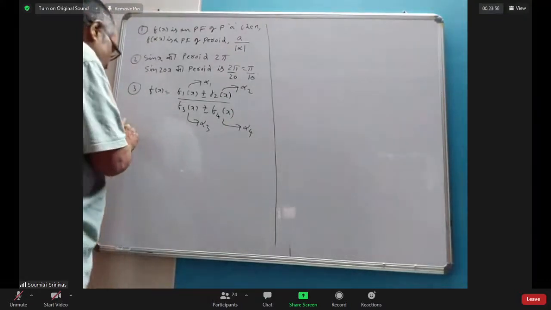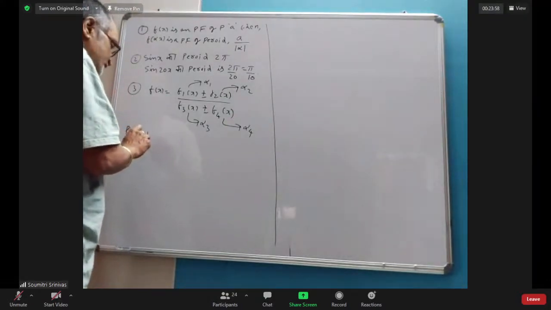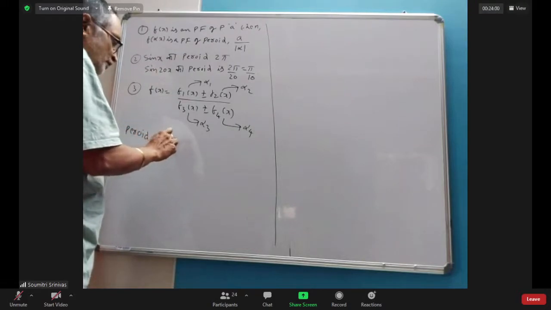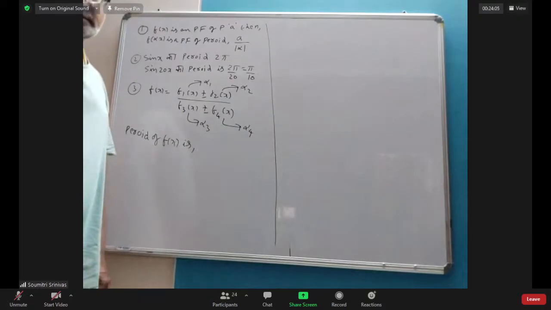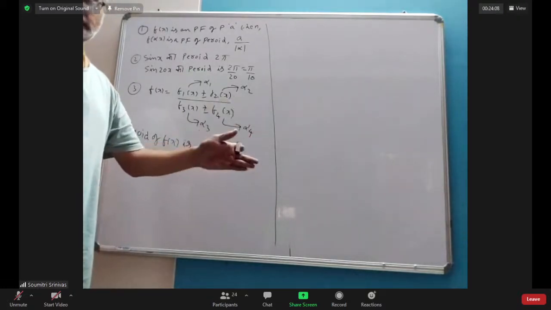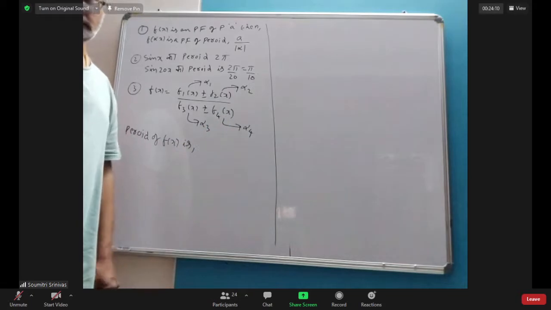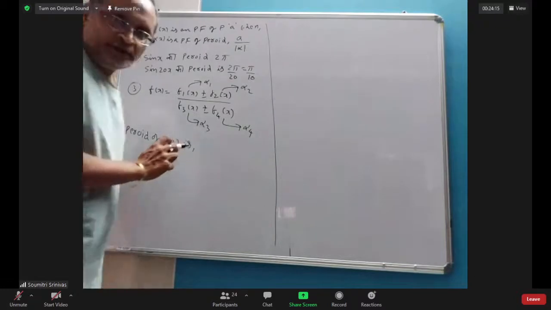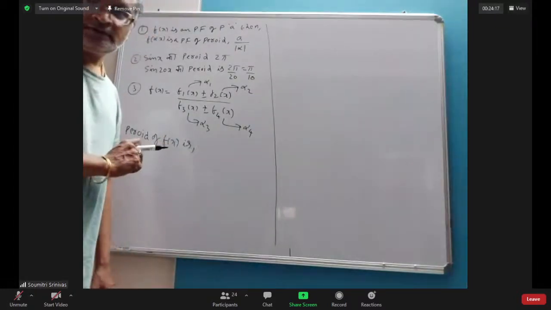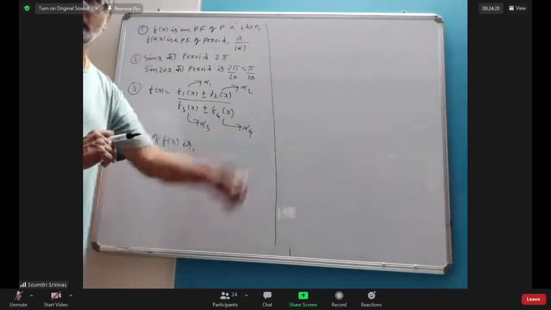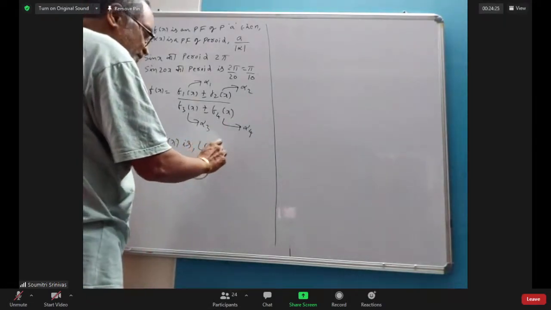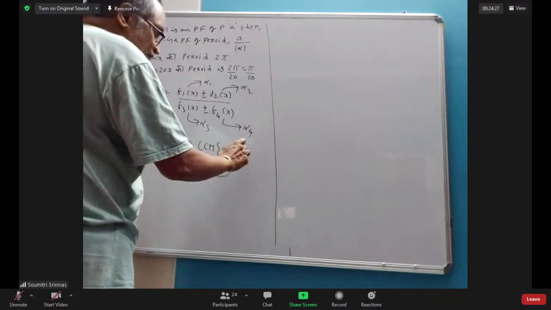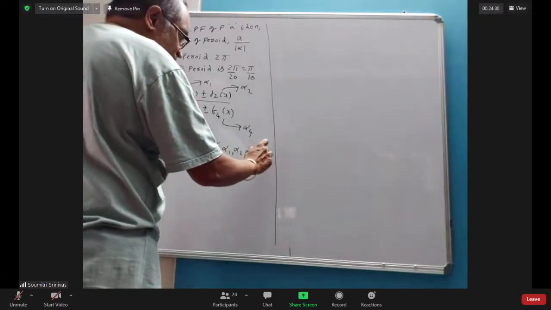What is the period of f of x? LCM of alpha 1, alpha 2, alpha 3, alpha 4. Very good. Super. Keep it up. The period of f of x is in the notes.